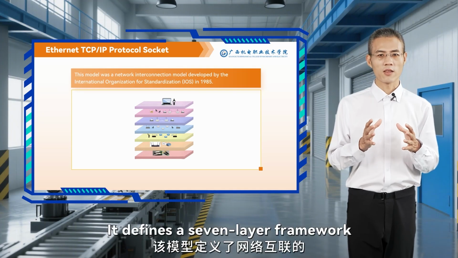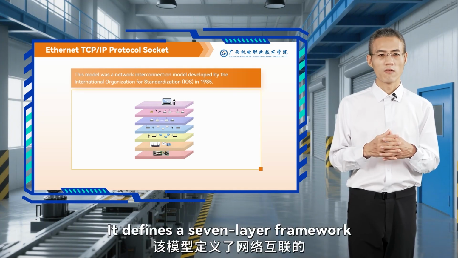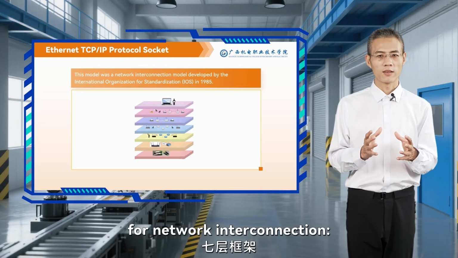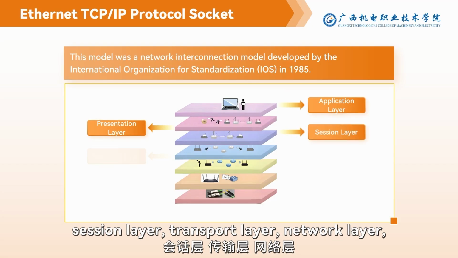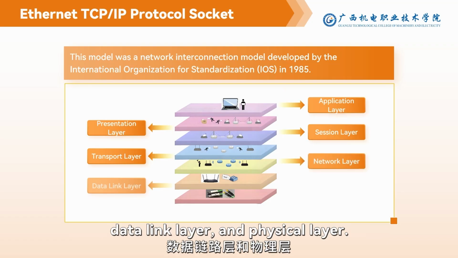It defines a 7-layer framework for network interconnection. The application layer, presentation layer, session layer, transport layer, network layer, data link layer, and physical layer.